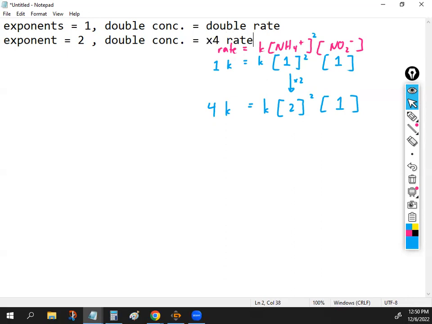It all depends on the exponent for your reactant. And you can probably tell what's going to happen if we put it to the power of 3. That's going to be times 8. So as the exponents rise, the rate is also going to rise exponentially.